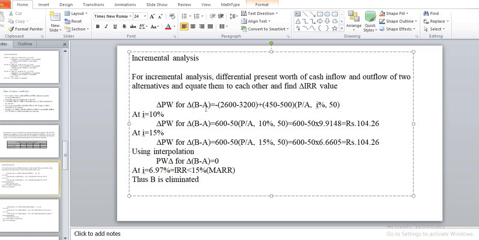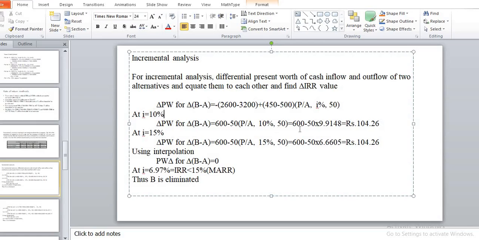So for calculating the value of I at which this present worth becomes 0, we use the trial and error method. We take I equal to 10% and I equal to 15%, and find the delta PW value for 10% and for 15%.